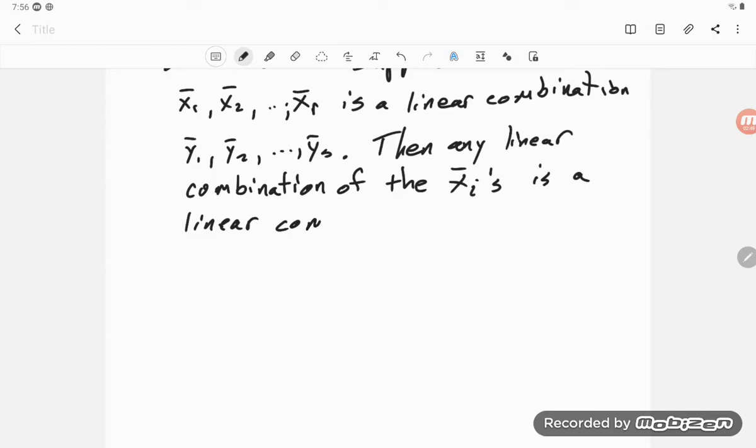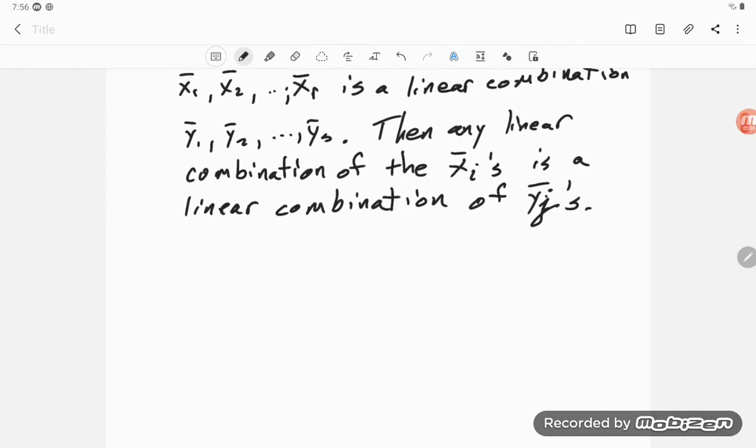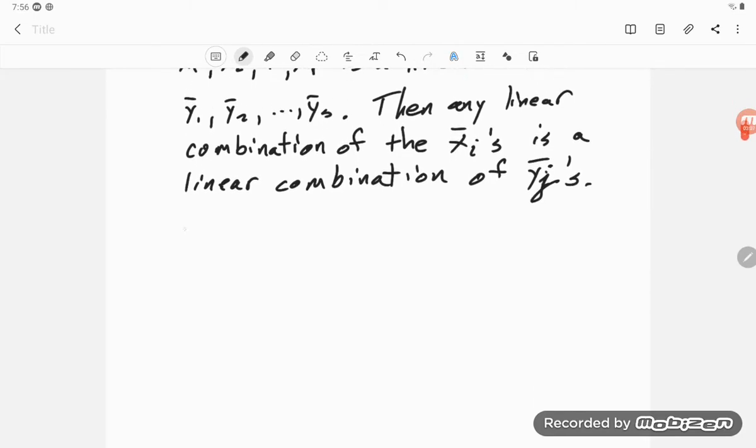So, I think we'll do a proof of this. The textbook doesn't do a proof of this, but it's pretty straightforward.